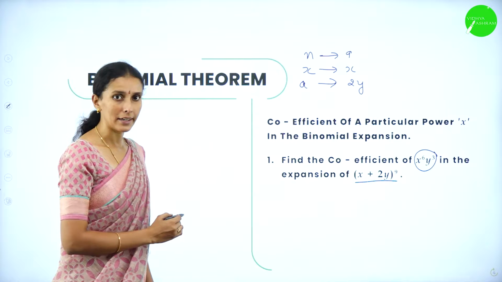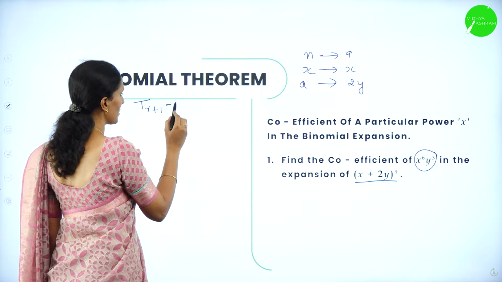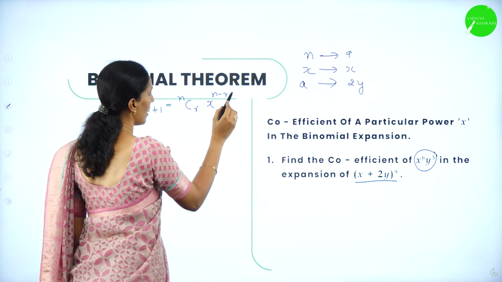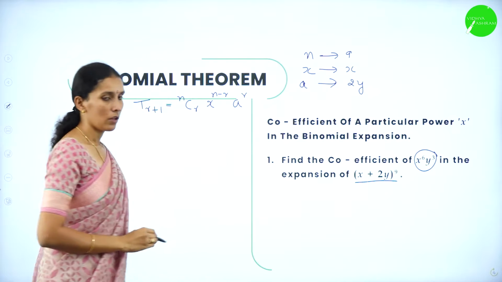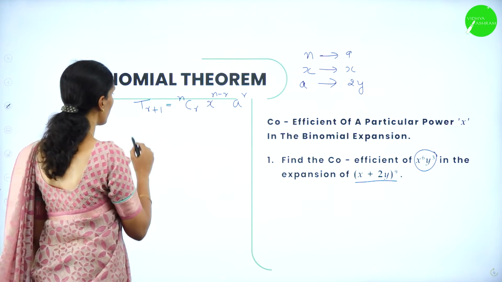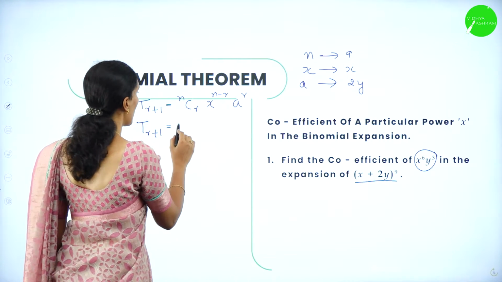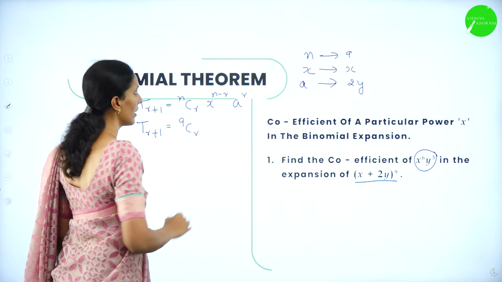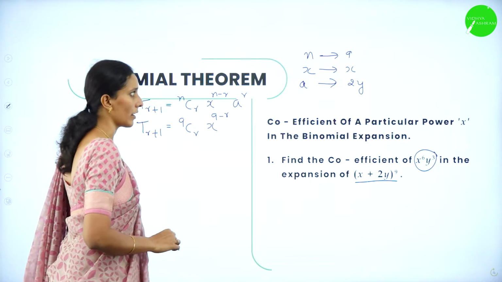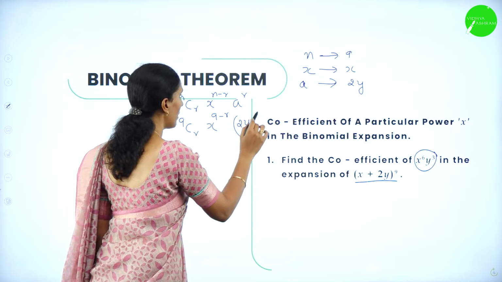First write the general term. So what is the general term? T(r+1) is nCr x power n minus r a power r. Since r is unknown here, we will keep r as it is and write the other terms. n is given, that is 9Cr. x is given, which is the same, x power 9 minus r. a is given, that is (2y) to the power r.